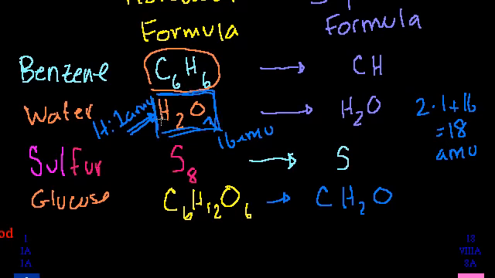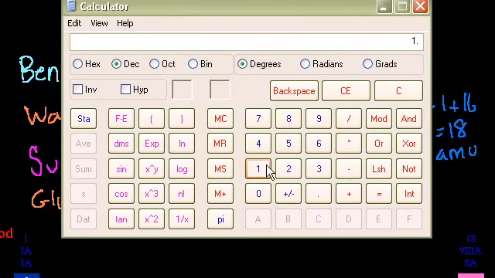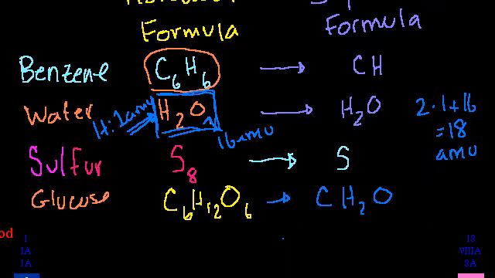And once again, if you want to say what percent by mass of water is oxygen? Well, 16 out of the 18 is oxygen. So if we get the calculator back, 16 divided by 18 is, rounded, 88.9% oxygen.